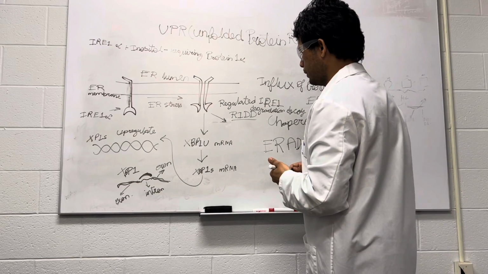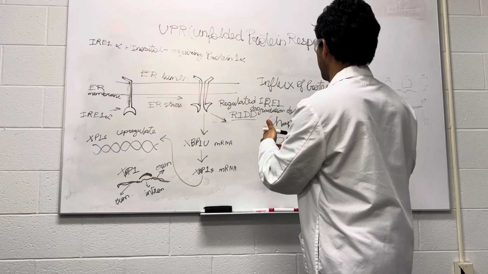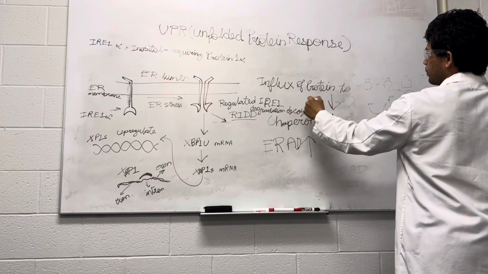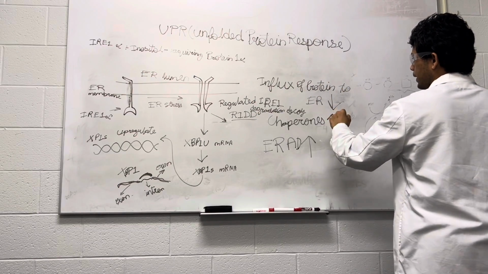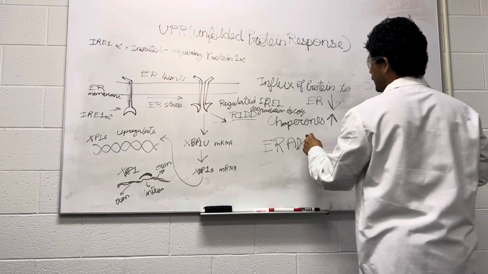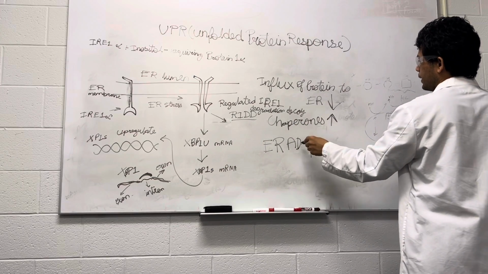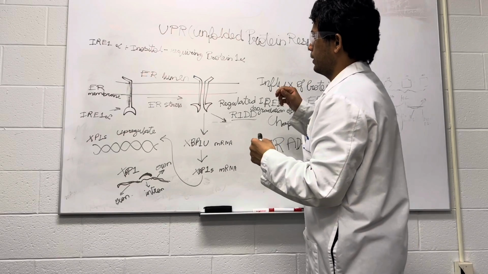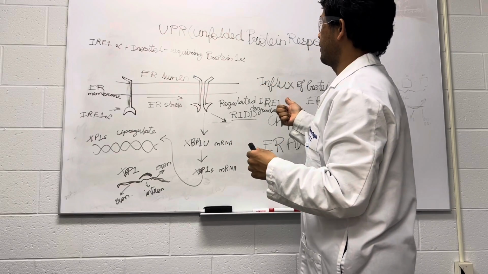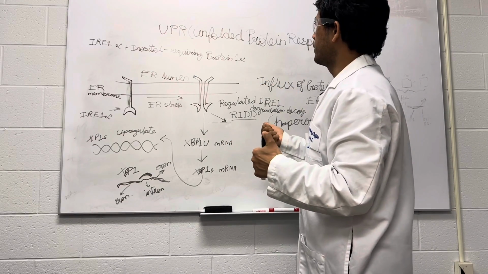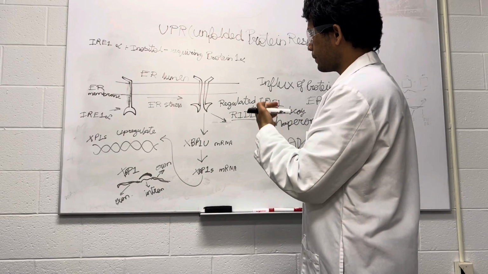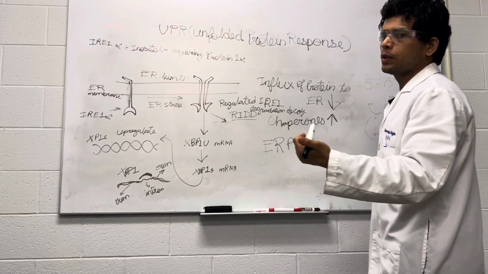So this signal acts in three ways. First, it reduces the influx of proteins through RIDD, and XBP1s will increase the amount of ERAD proteins and chaperones. So this is one of the signals that attempts to reduce the ER stress and bring it back to its normal position.